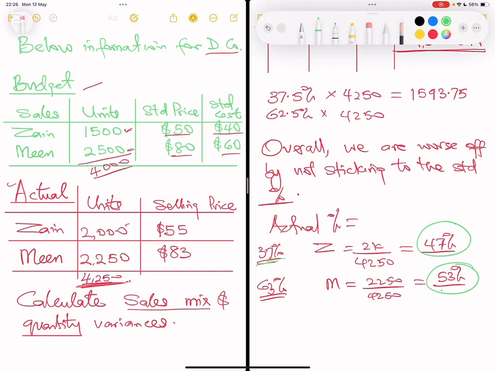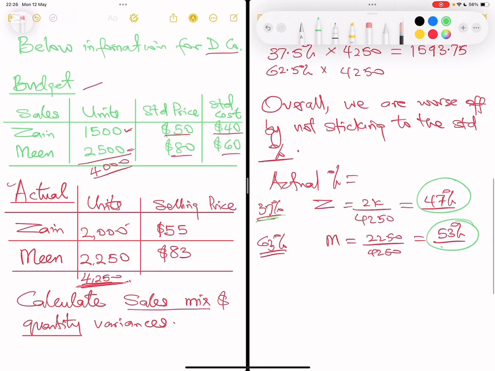And now we can see why we are having this problem, because what has happened is that we sold more of Zen, and Zen has a worse margin. That is just 50 minus 40, which is 10, compared to Mean that has a $20 margin.